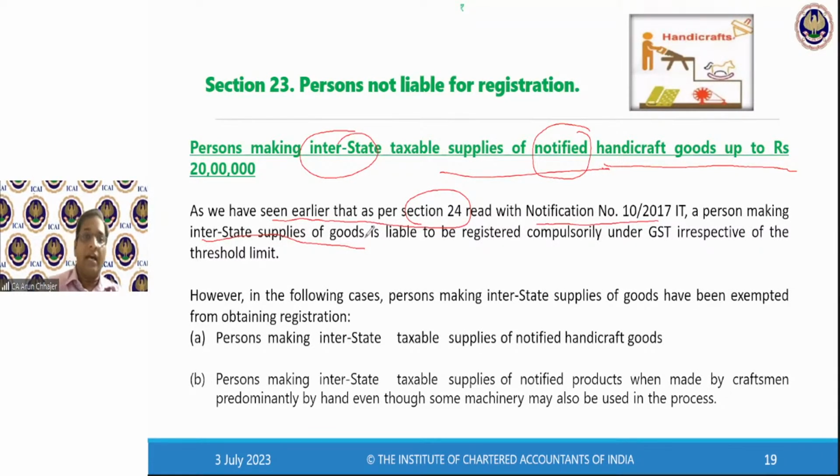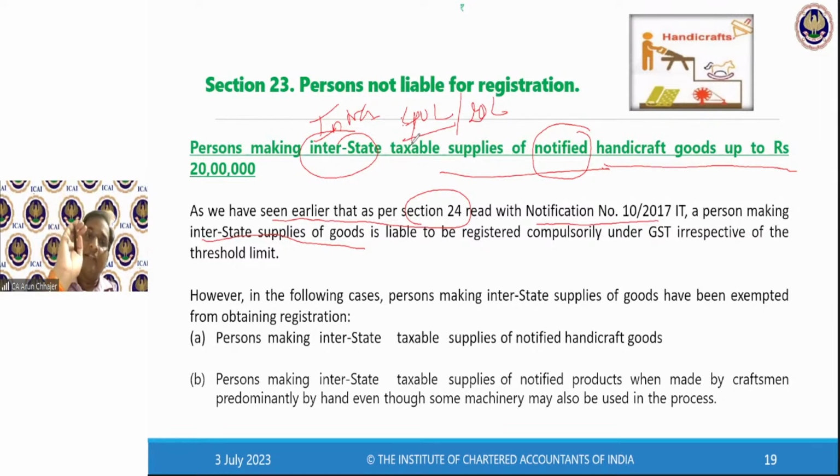Mr. Muhammad has asked the question, sir, what happens if it is intrastate supply? Sir, in case of intrastate, we already have the limit of 40 lakh, or in some states 20 lakhs. We already have the limit of 40-20. So in intra-state supply, registration is anyway not required.